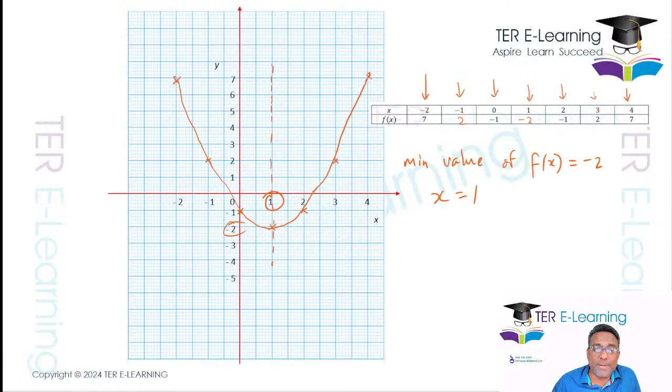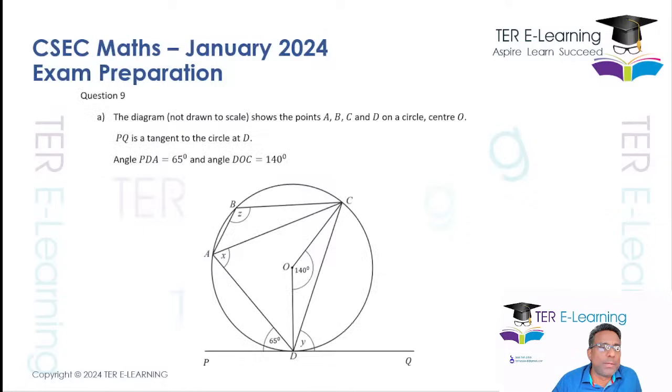Your axis of symmetry is always x equals something. So that takes care of question 8.